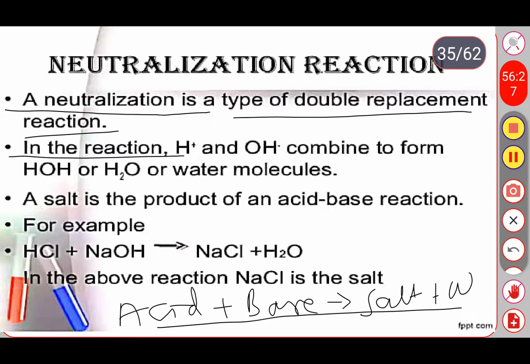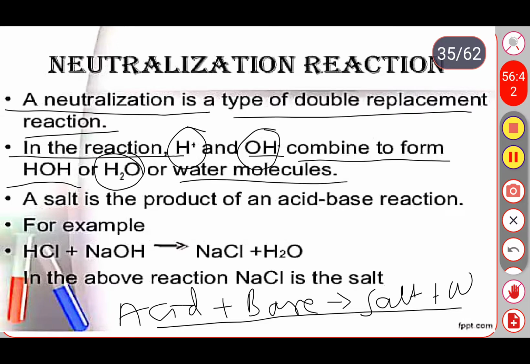A salt is the product of an acid and base reaction. For example, HCl is the acid, and NaOH. HCl is nothing but hydrochloric acid, and NaOH is nothing but sodium hydroxide. HCl is acidic in nature, and sodium hydroxide is basic in nature.